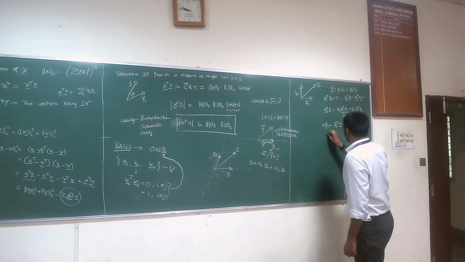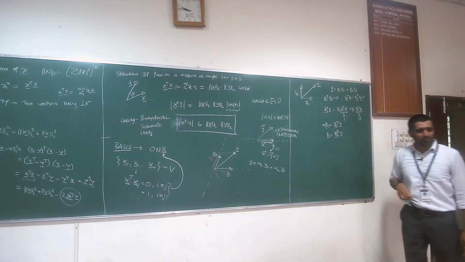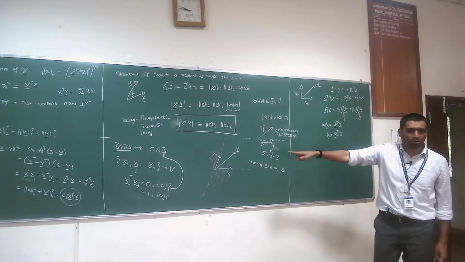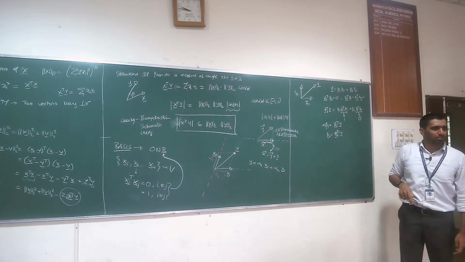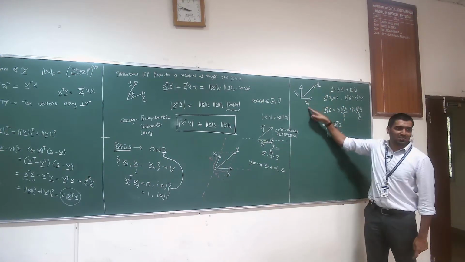Well, you simply extrapolate, no? See, beta 2 is this. That's why orthonormal bases are very, very nice to work with, because you can very easily find the representation of any vector y in this new basis.